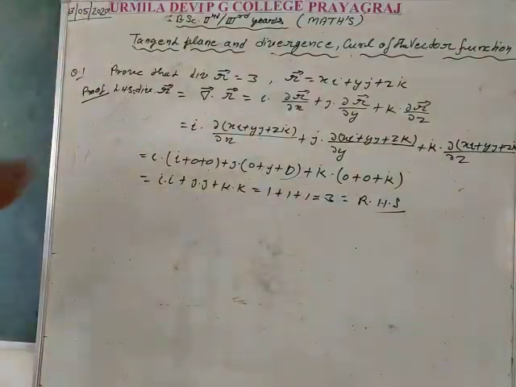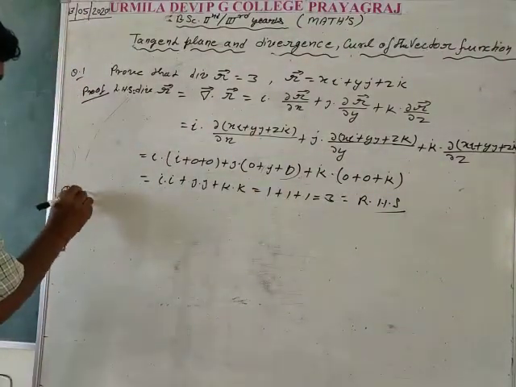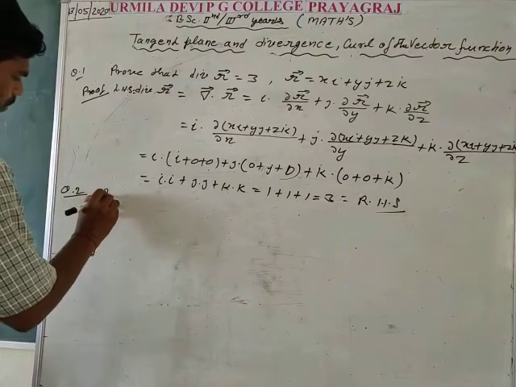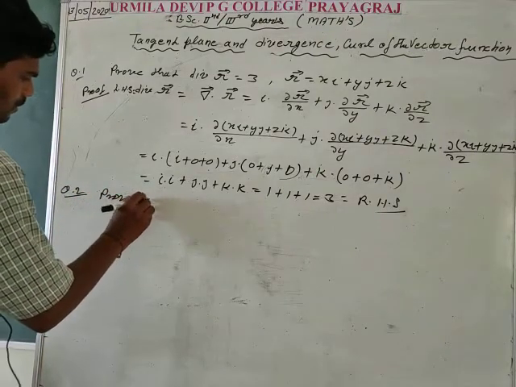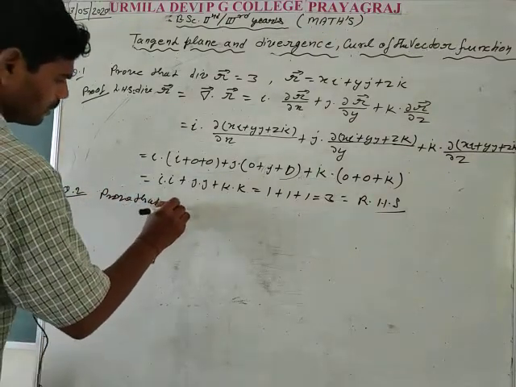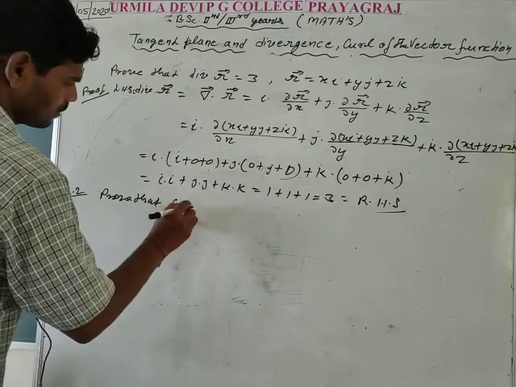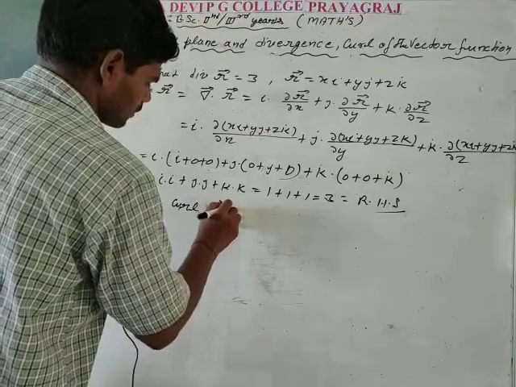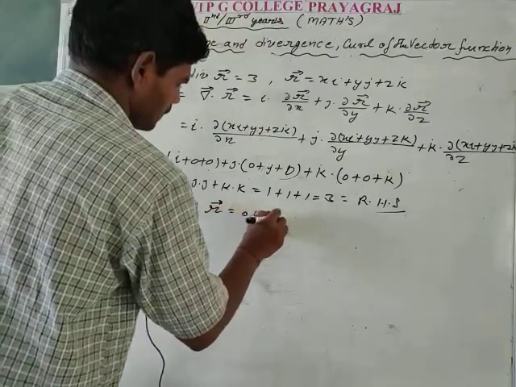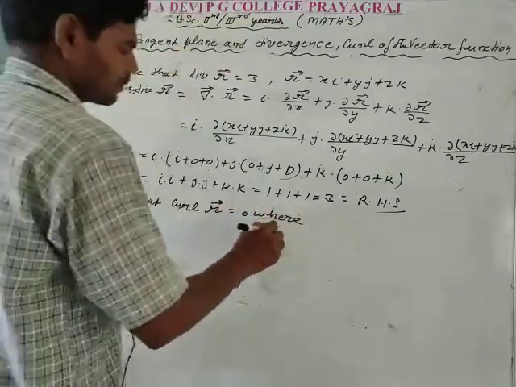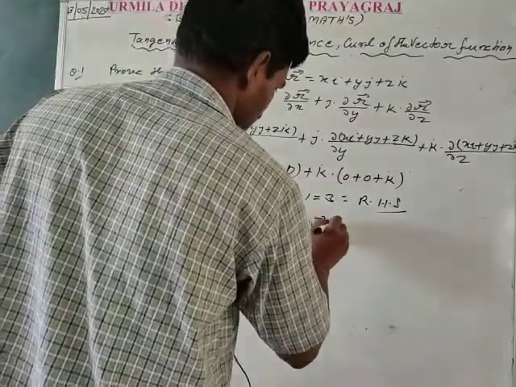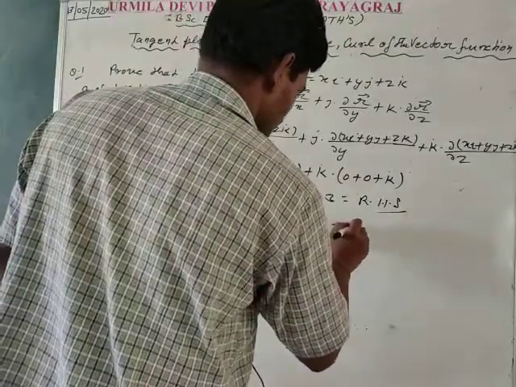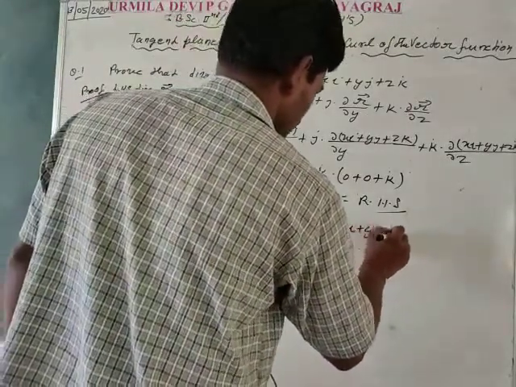Now consider the next question. Our second question is: prove that the curl of vector r is equal to 0, where vector r is a position vector equal to xi plus yj plus zk.